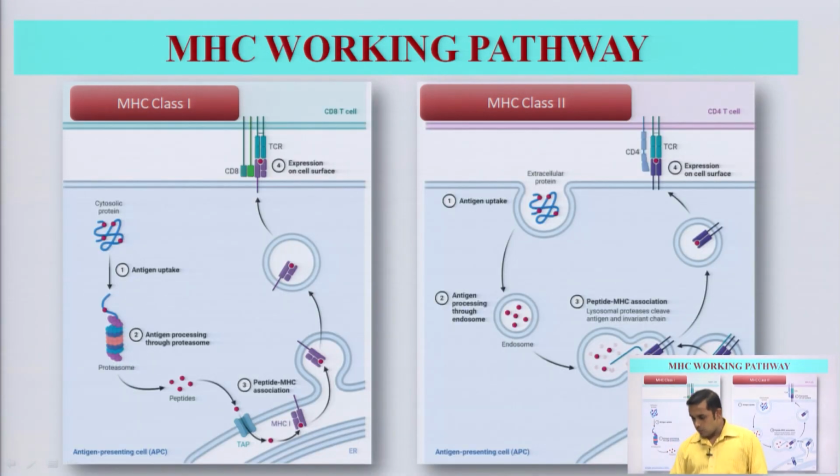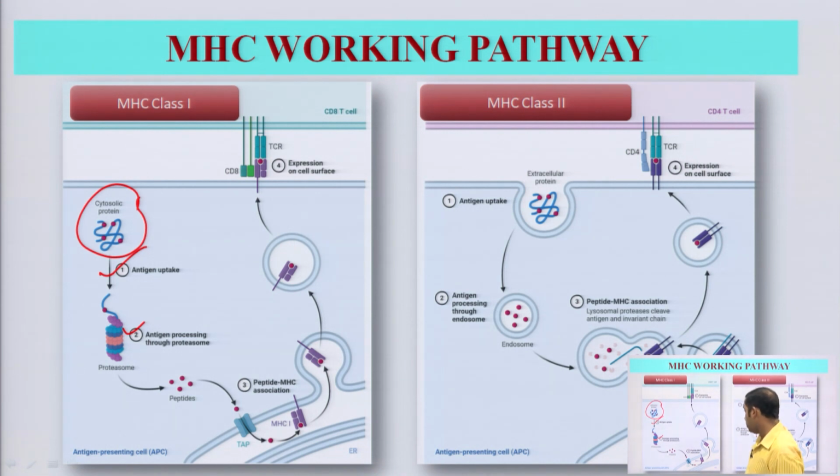And if I tell you more, here is a typical picture of how the interaction is happening. For example, this is a cytosolic protein. First antigen uptake happens, then antigen processing through the proteasomes, and some peptide is formed. Then this peptide comes here, the peptide MHC association, and it is shown here.